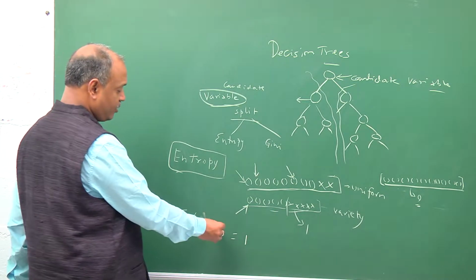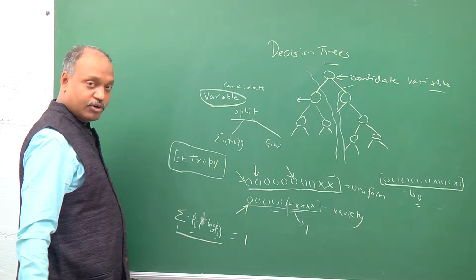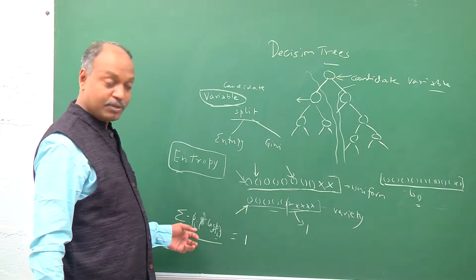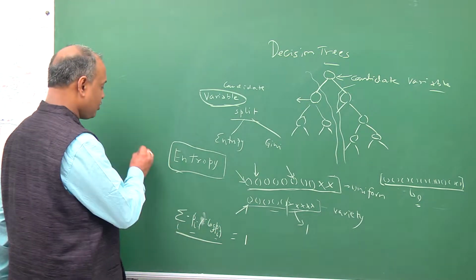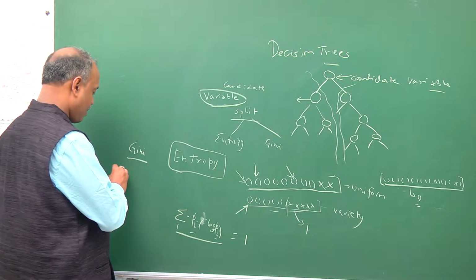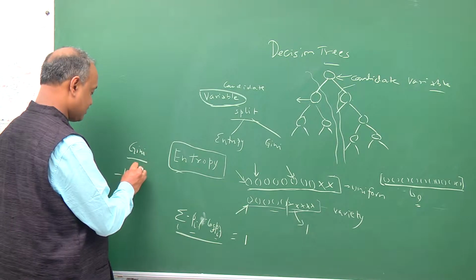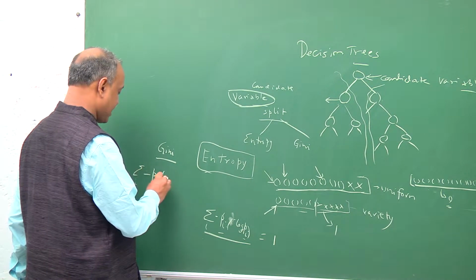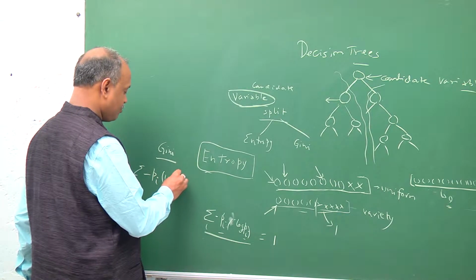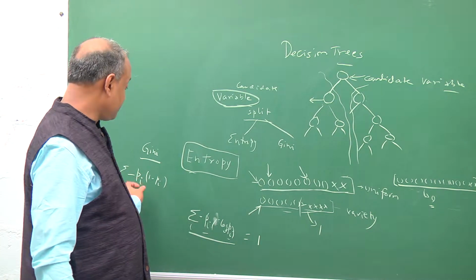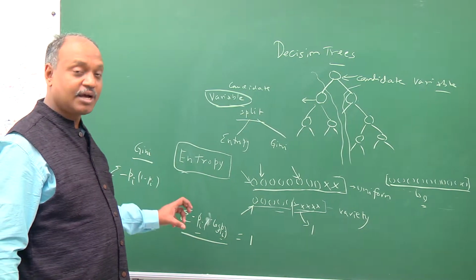Just like entropy, which we looked at in terms of the basic probability of each individual category and sigma of minus pi log pi, there is an alternative coefficient which is very similar to entropy. It takes the sigma over all categories and tries to measure the joint probability of something being present or being misclassified by being present in the other sample.